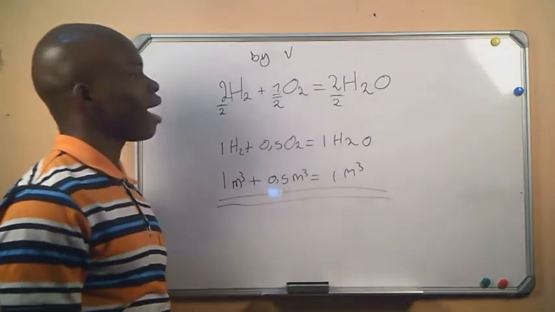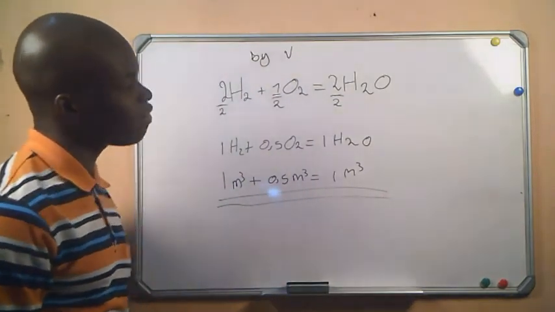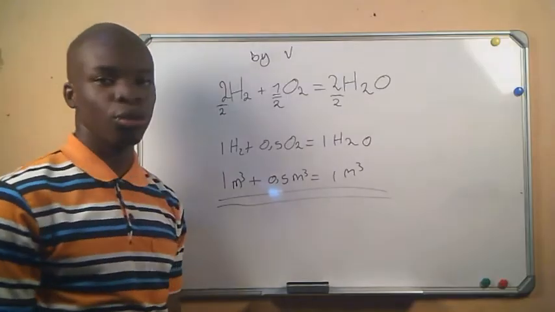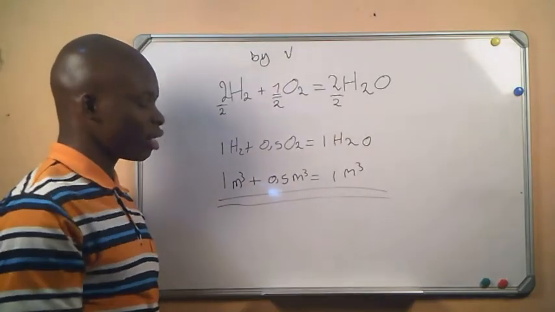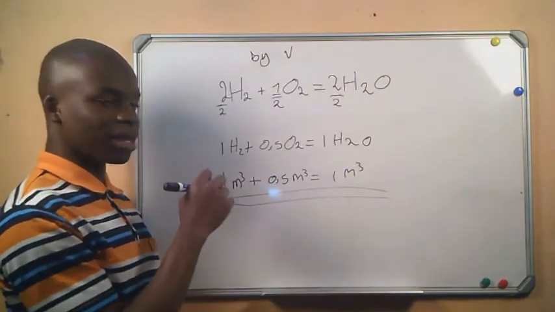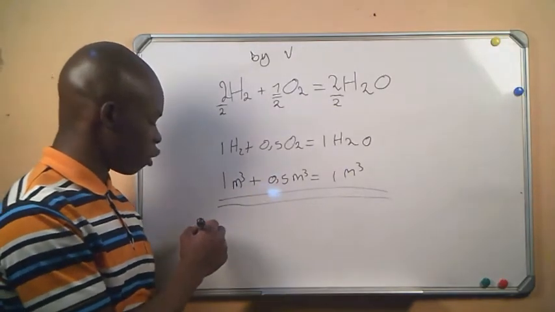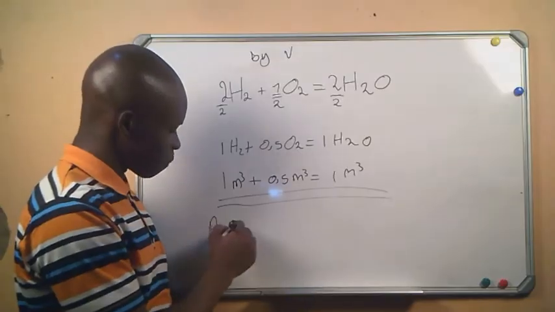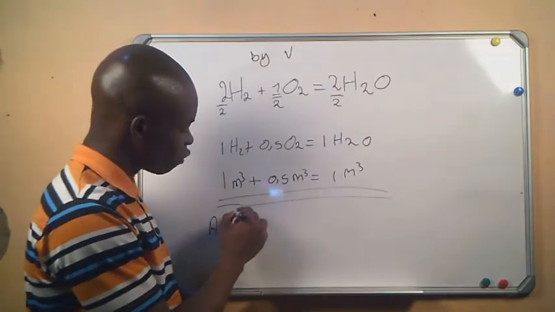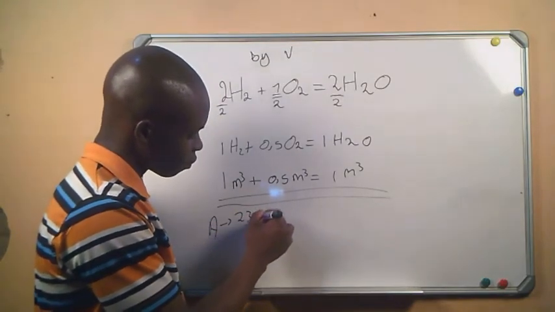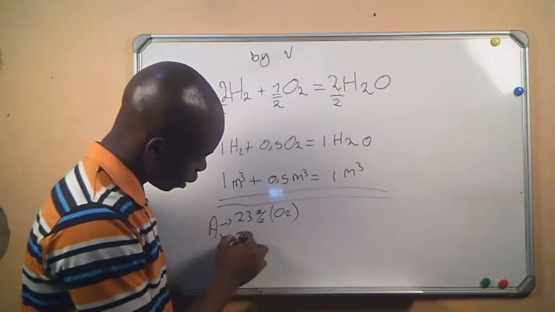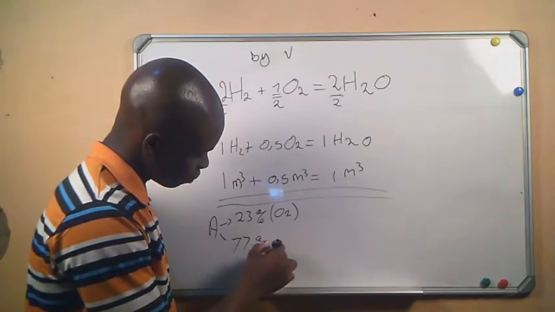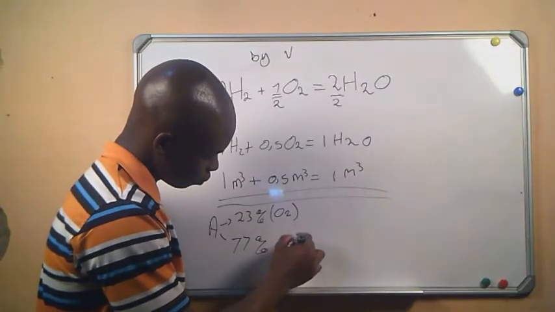Another difference between the volume and the mass is this. From our previous lesson, combustion of fuel by mass, we said that air by composition consists of 23% oxygen and 77% nitrogen.